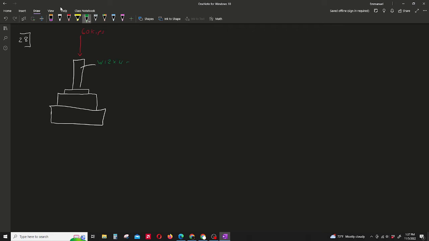W12 by 40, 14 by 14, 24 diameter. I'm going to just put the diameter symbol here.